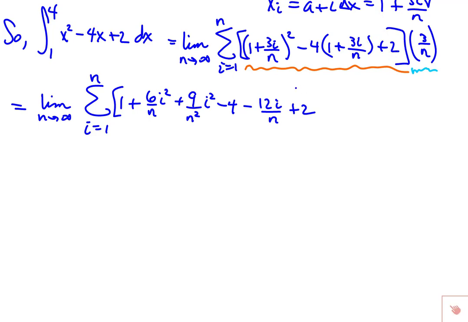So all we're doing is expanding the algebra inside the brackets, and it should be done carefully, of course, with all the fractions going on. And then let's not forget at the end we have our 3 over n for that delta x value.